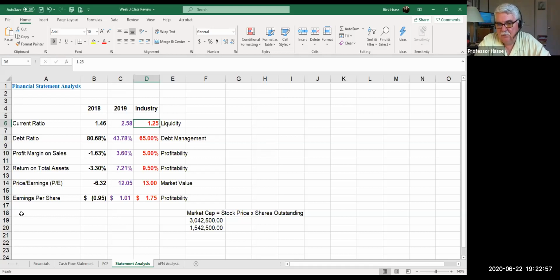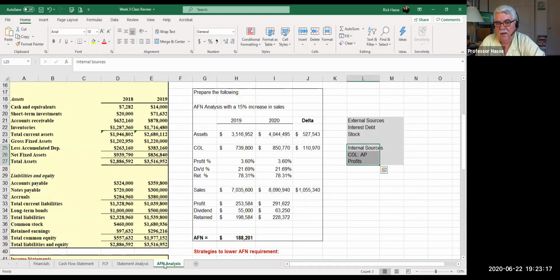Well, to achieve that growth and make that money, what additional assets would I need? If I was going to open a new office or get a new phone system, how much money would I need to finance that in the next year? That's called a capital budget. And then I would look at my external and internal sources within my company.